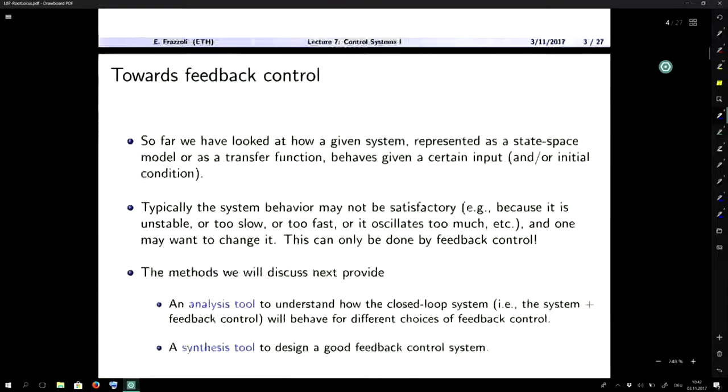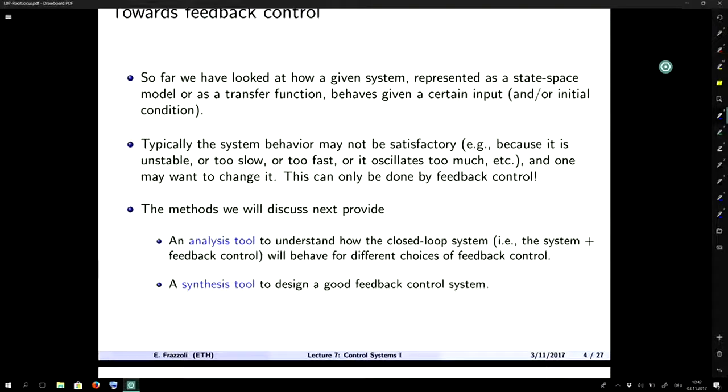So this is just philosophy, essentially what we just said. We know how to model the system. The system, we may not like it, so now we want to change it by feedback control.